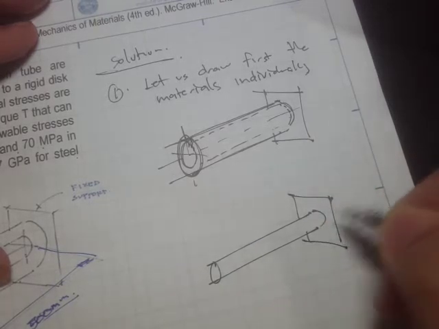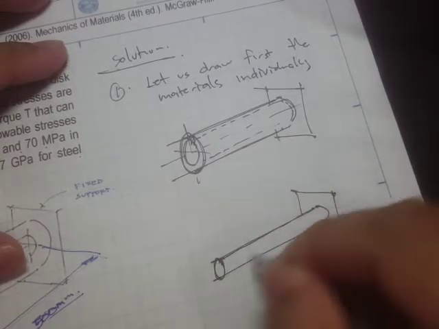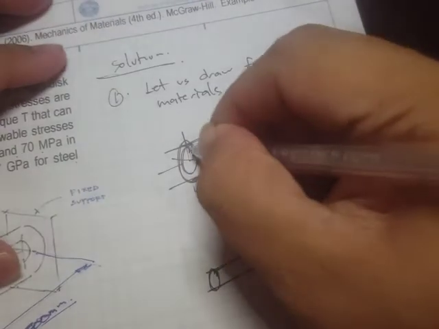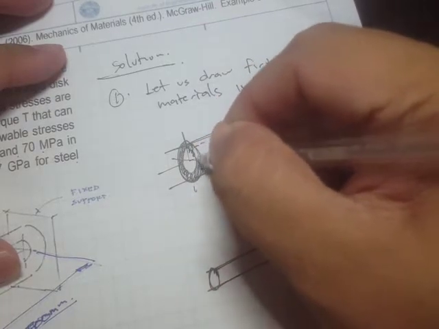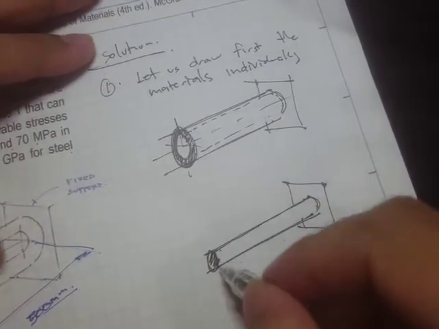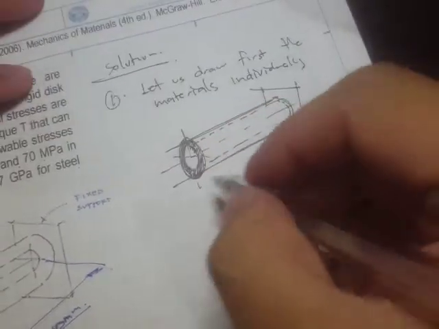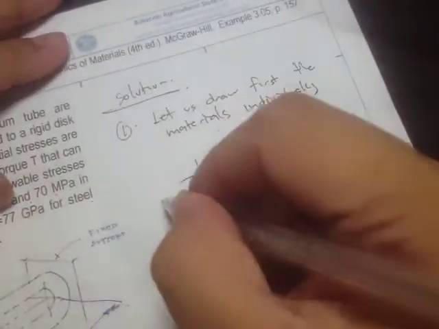So this one is the steel shaft. Let me shade this cross-sectional area.